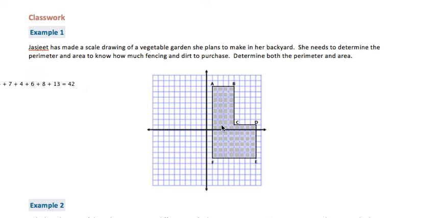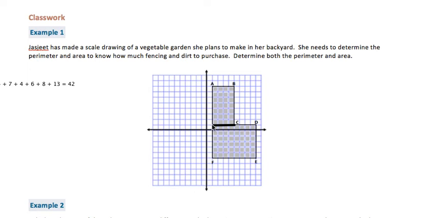The dirt, on the other hand, we'll need to cut this figure into rectangles in order to find the area of each section. So I cut our shape into 2 rectangles.